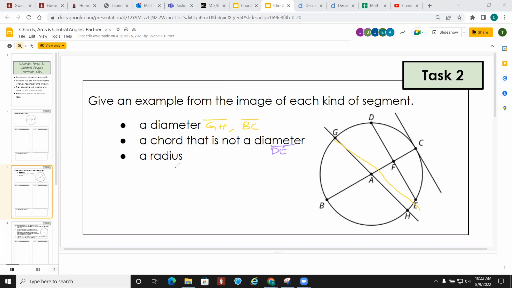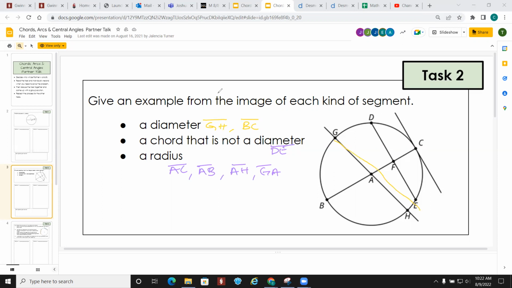A radius is going to be A to C and A to B, A to H, or G to A. Normally with your radius, you want to list the middle point first and then extend it, so that would be A to G instead, but it doesn't really matter.